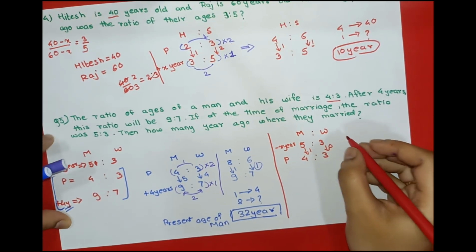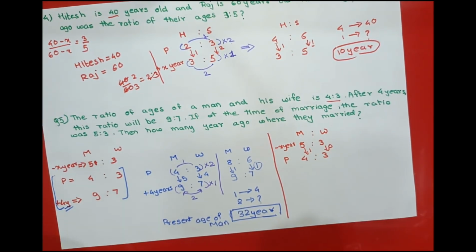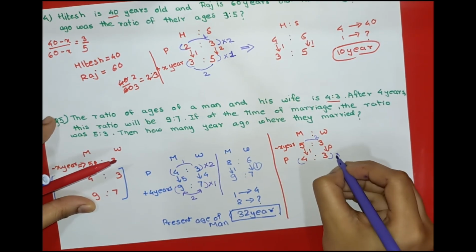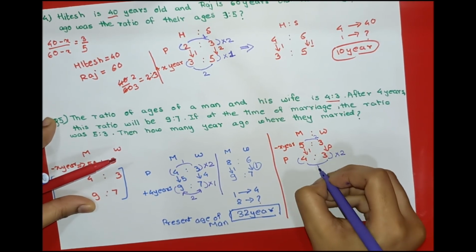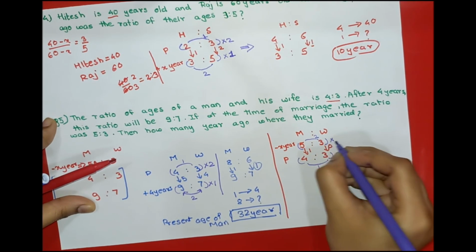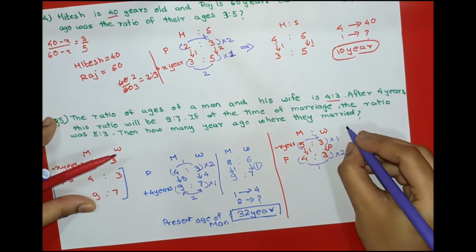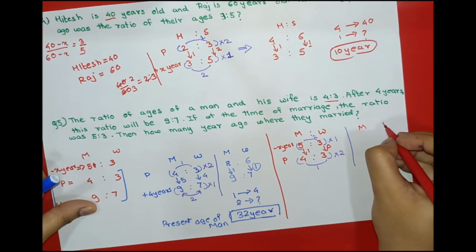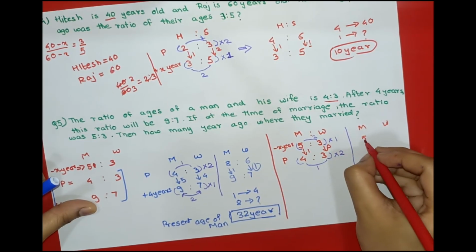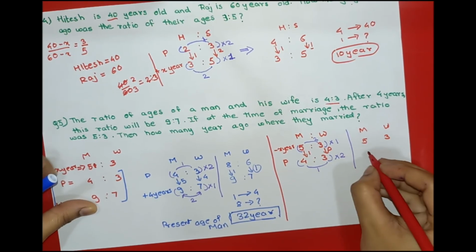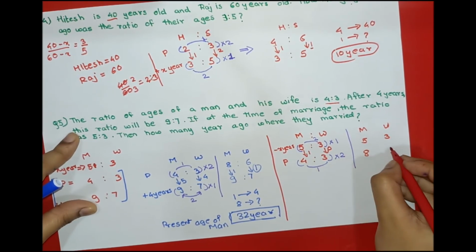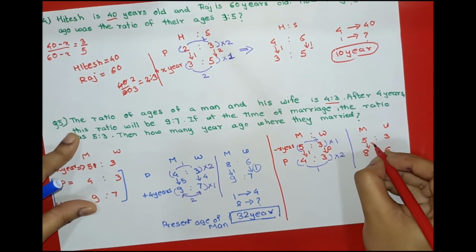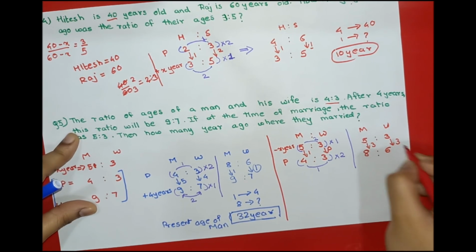We cannot equate it, so take the difference of above terms, which is 2, and multiply with the below terms, and take the difference of below terms and multiply it with the above terms. So we get 1 five is 5, 1 three is 3, 2 fours are 8, and 2 threes are 6. Now check the difference. Here the difference is 3, and here also the difference is 3.